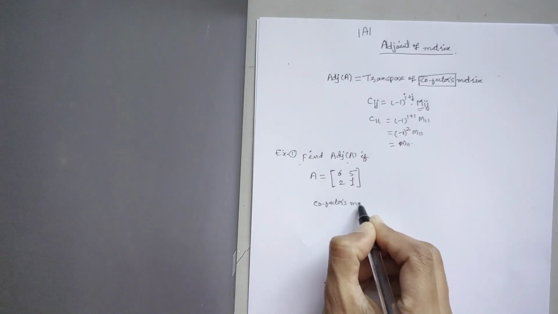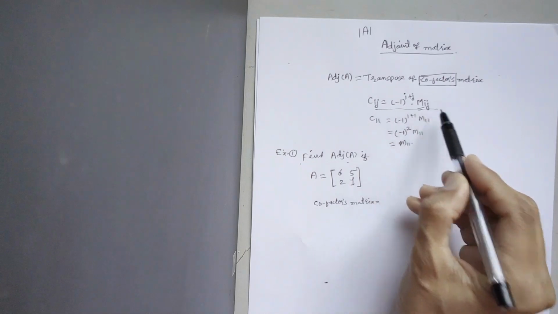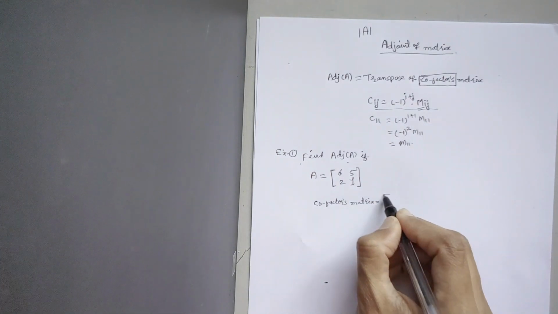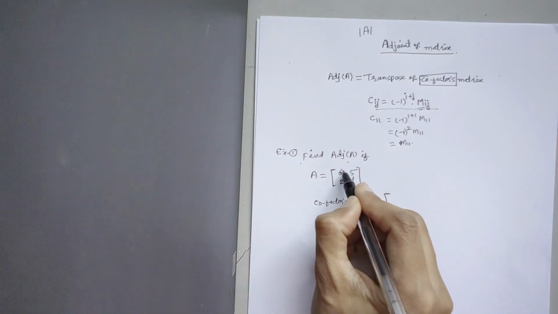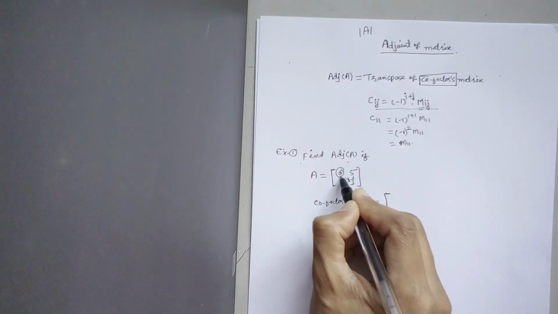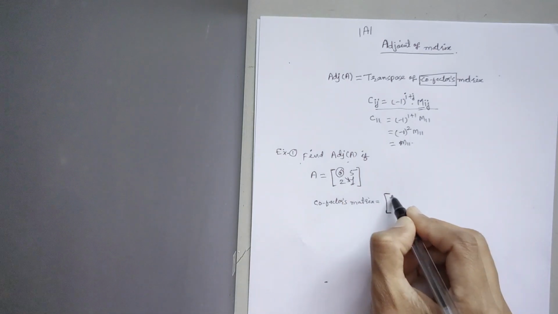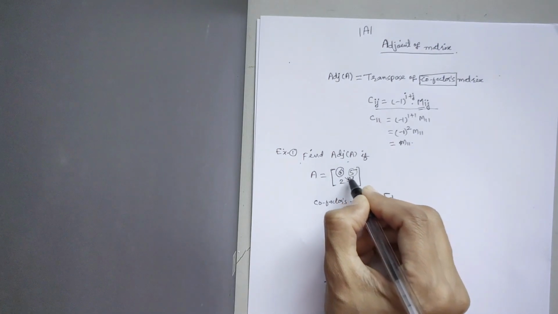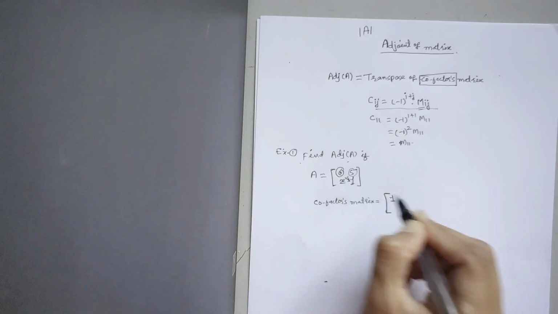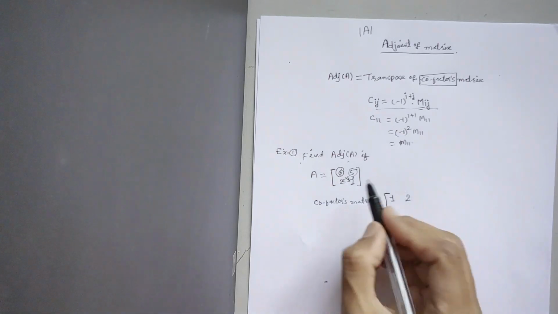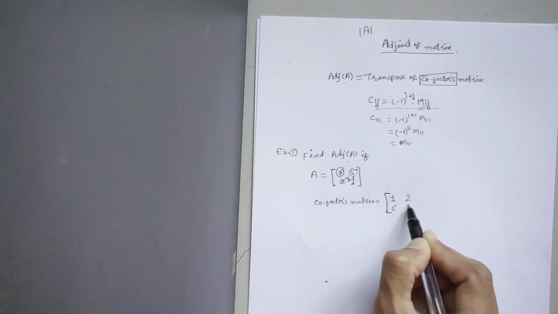Now we need to find it by using this formula, but I am going to show you a simple trick here. In a 2 by 2 matrix, the cofactor of 6 will be 1, so I am writing 1 here. The cofactor of 5 will be 2, so I am writing 2 here. Similarly, the cofactor of 2 will be 5 and the cofactor of 1 will be 6.